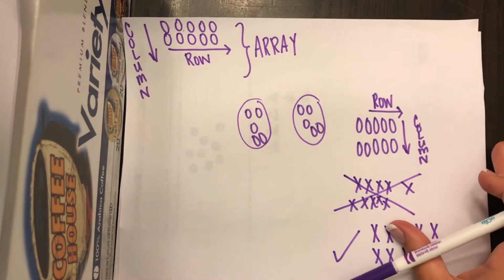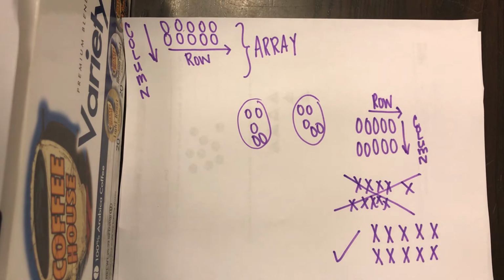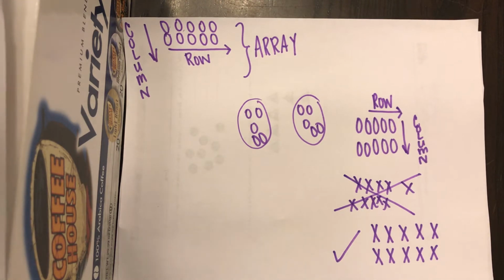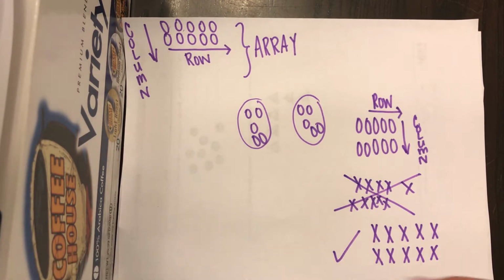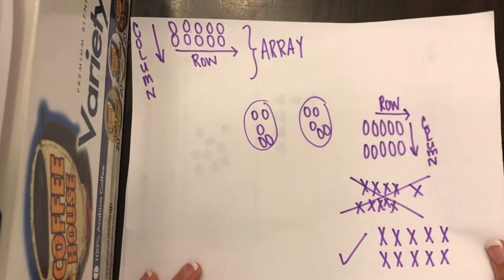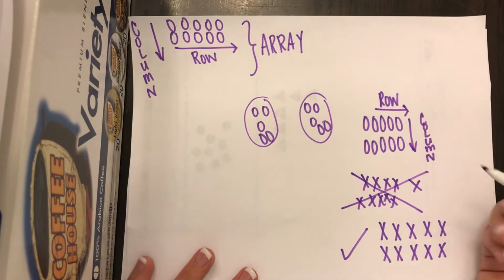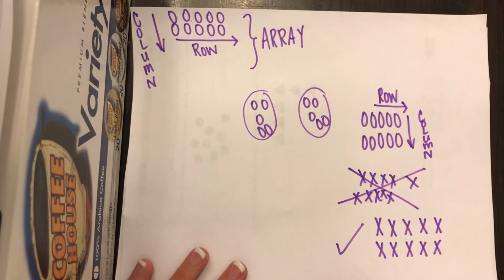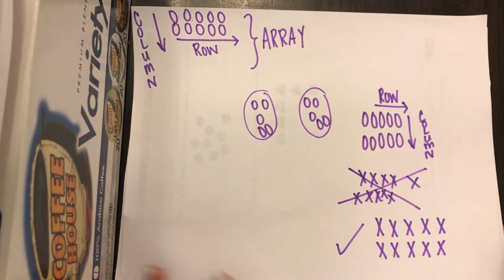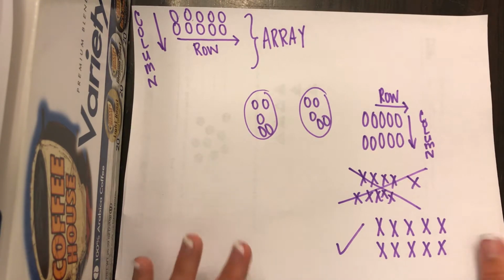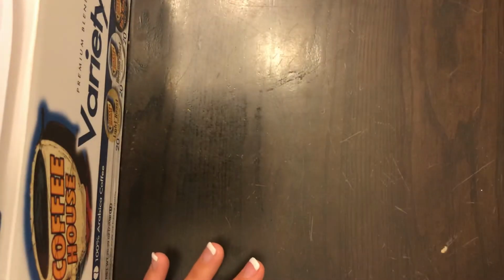Okay? So, you have, again, your columns and you have your arrays. That's pretty much it. So, I'm going to show you how this needs to look on the problem sets. Again, remember it needs to be organized and it needs to be neat. You can't just put it any way you want to. An array is organized and it's neat.